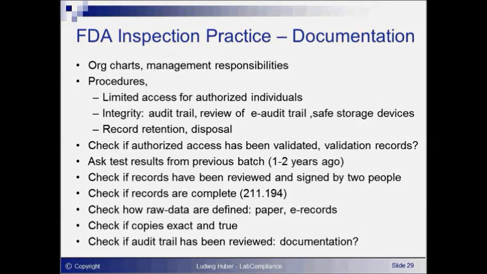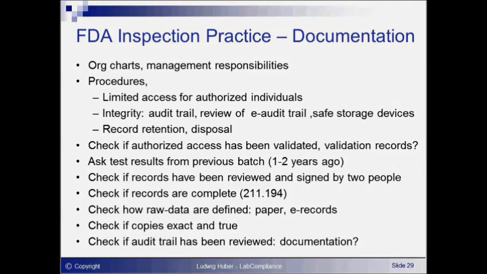They typically sit in an office and look at the documentation, and they may ask not only for management responsibilities but also for SOPs related to limited access, data integrity, audit trail, and record retention. Then they will check if authorized access has been validated. They want to see the validation record, still sitting in an office.